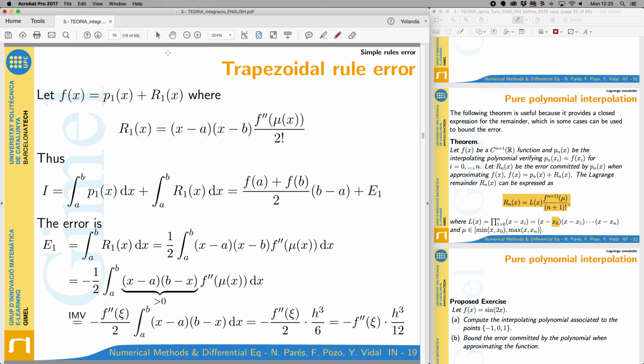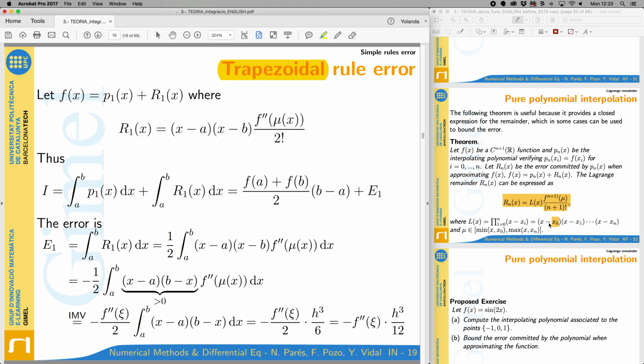The same idea. I know that for the trapezoidal rule, f of x is going to be fit by a degree 1 polynomial, and I will have a Lagrange remainder, R1, which will look like this. Let's see if this makes sense. If this is the trapezoidal rule, that means that you are using f of a and f of b as data points. So here my data points x0 and x1 are a and b.